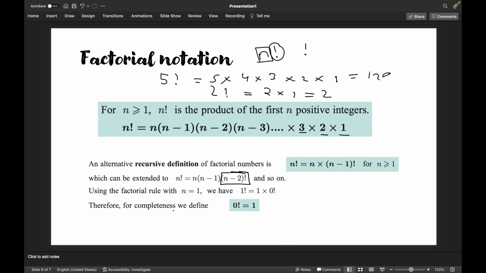And therefore, for completeness, we define 0 factorial as 1. There's really no logic to it. We just define 0 factorial as 1 because it's convenient. First of all, we're going to get things like NCR, which we're going to learn soon. In this one, if R was 0, no, this.